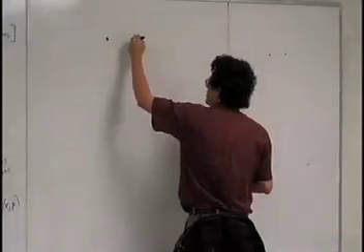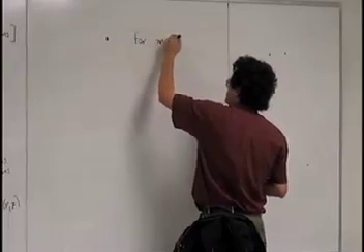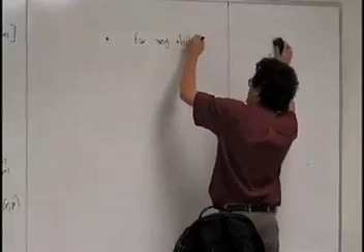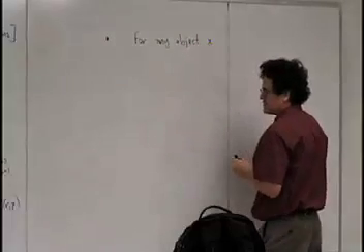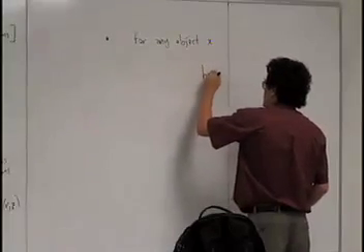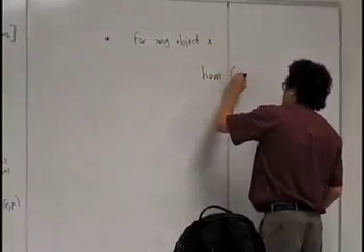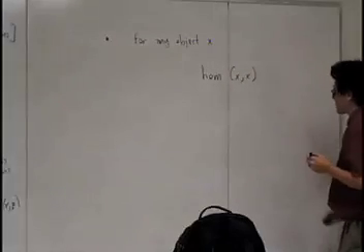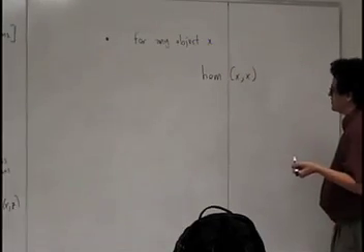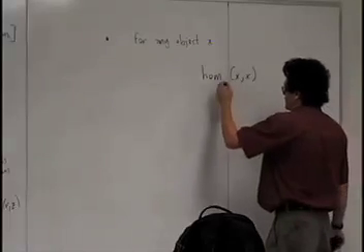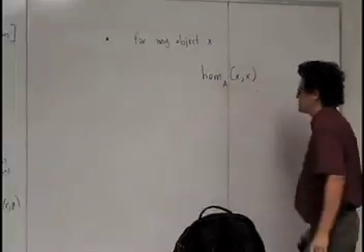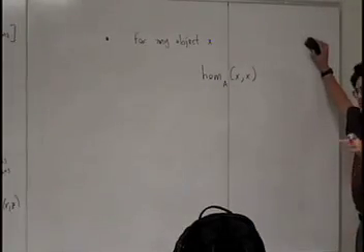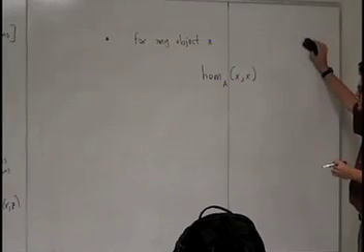So, for any object X, you have an identity in Hom(X,X). Maybe I won't be as ultra formal as possible.